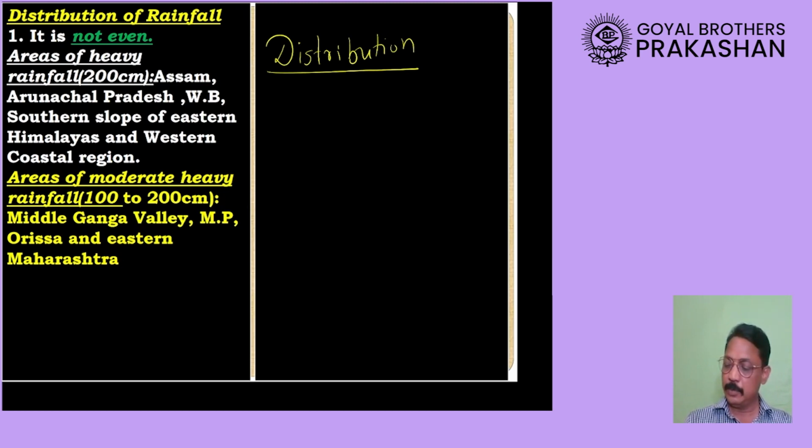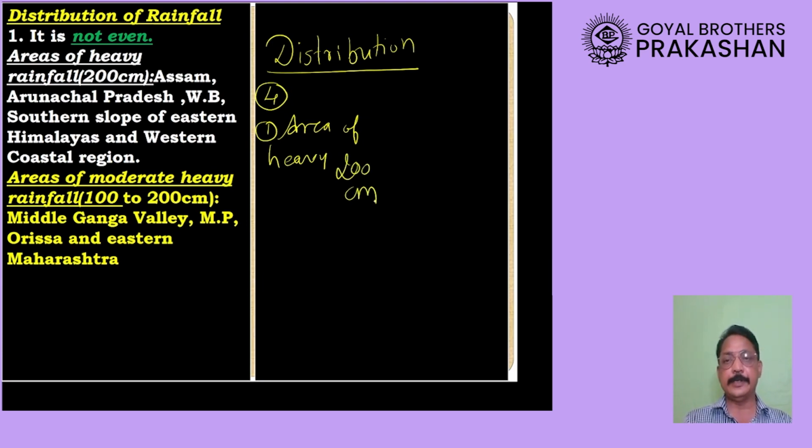Now based on this distribution, in our country we have four different regions. Region number one we call the area of heavy rainfall. When I say heavy, I mean rainfall of more than 200 centimeter.